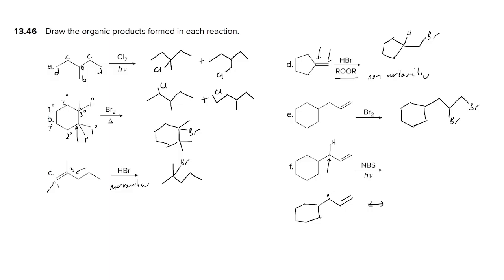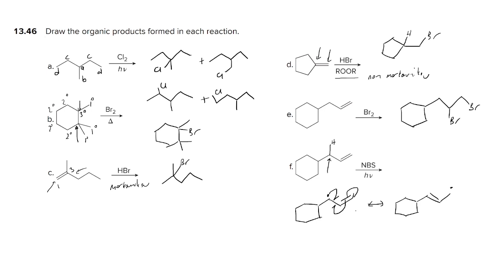So instead of the radical position here, you can have the radical position here through resonance. Let's draw the resonance. Basically, this unpaired electron shifts to here, and from the pi bond another electron shifts to the same bond, and we form the pi bond. The other electron of the pi bond shifts to this carbon or stays at this carbon. So that's the reason why we can have two resonance forms for this radical.